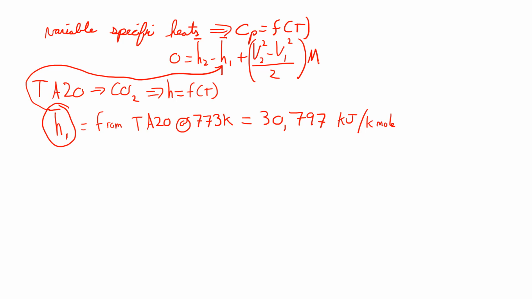So I'm going to have to multiply by the molar mass, which I can find in table A1. And you can find that the molar mass of carbon dioxide gas is 44.01 kilograms per kilomole.